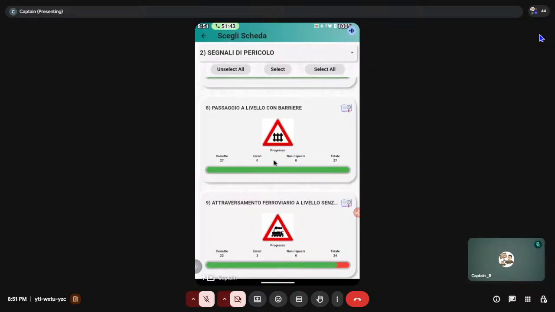Okay. Now, attention. If you look at this one here, it has gates, right? Look at this one, it does not have gates. This one can have half barrier and full barrier.